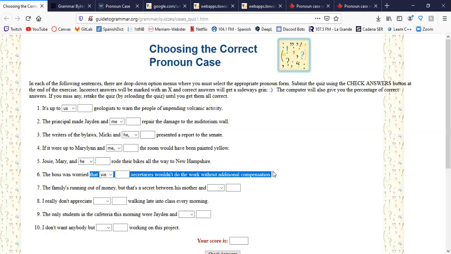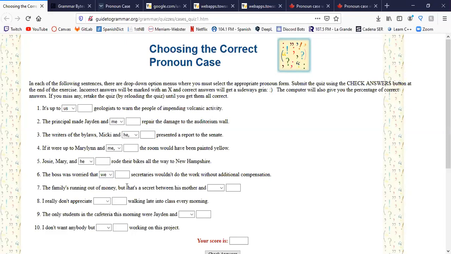If you put a pronoun in front of secretaries to modify it, like we secretaries or us secretaries, you would need to say we, because we is a subject pronoun. Us doesn't sound right. So, we secretaries wouldn't do the work.